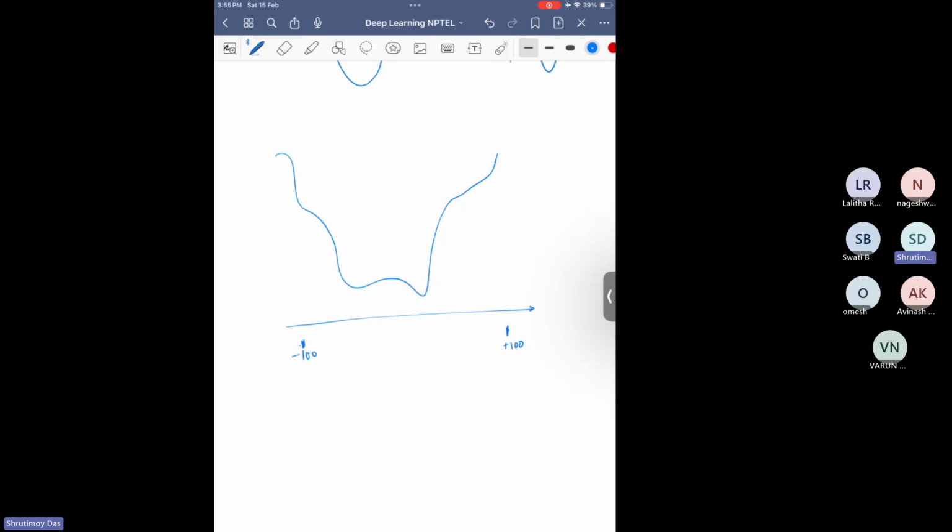Suppose I fix a point x, and ask what my function looks like around x, in a neighborhood of x. So this is x plus h, and this is x minus h. What does my function look like in this domain? This is what the Taylor series gives us. It does not tell us how the actual whole function looks like.